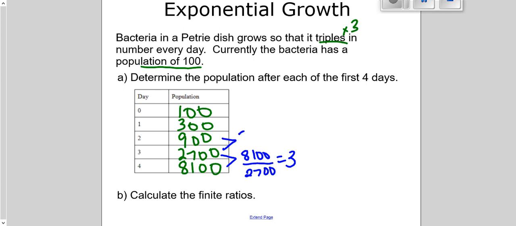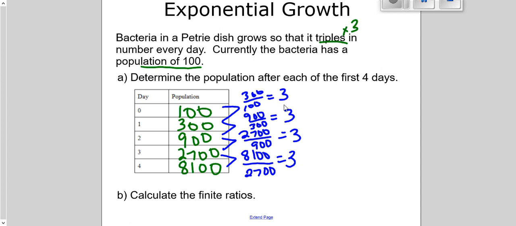And then let's do this again. 2,700 divided by the number above it, and I get 3. 900 divided by the number above it, and I get 3. And then 300 divided by the number above it, and I get 3.